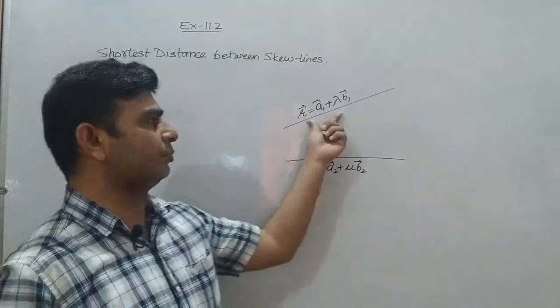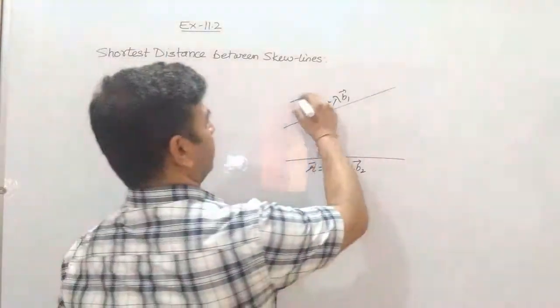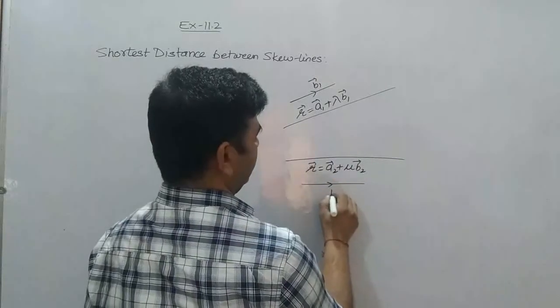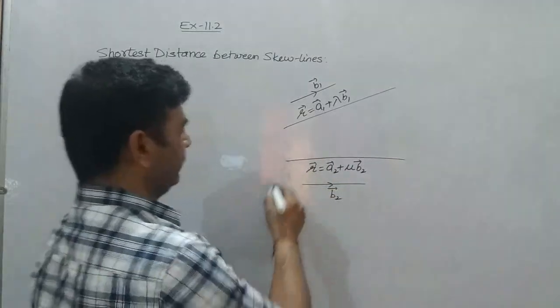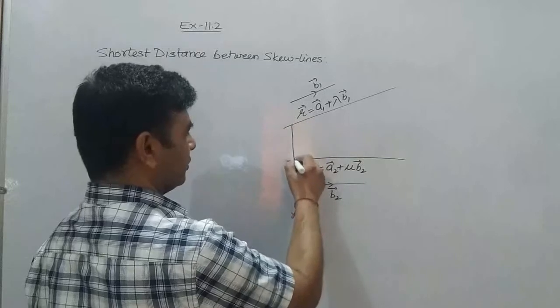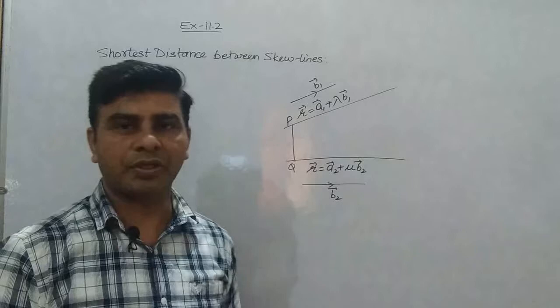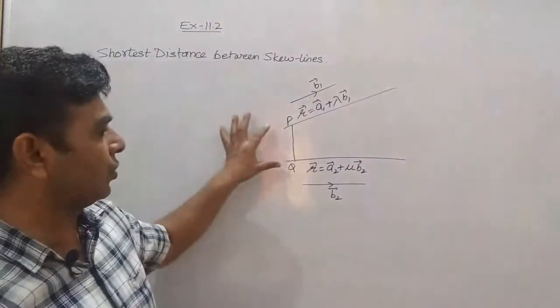The first line is parallel to the vector b1, and the second is parallel to the vector b2. And let PQ be the shortest distance we want to find, between these two skew lines.